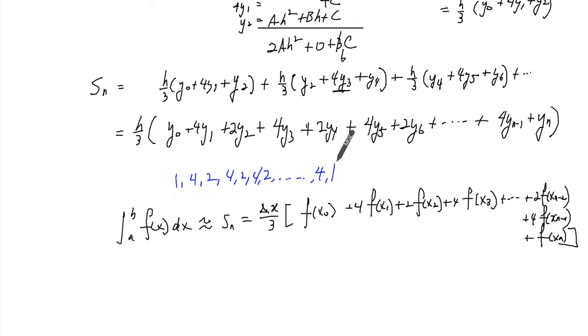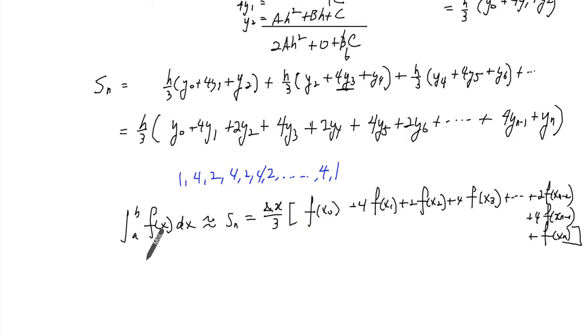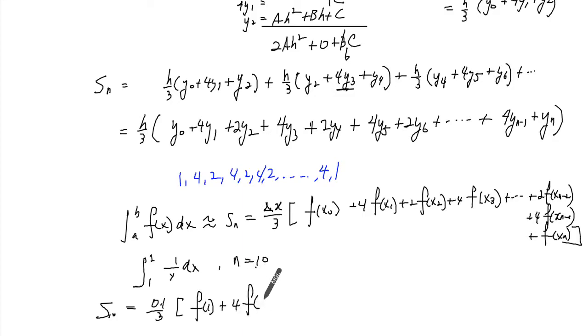Okay, so let's use this to approximate the integral from 1 to 2, 1 over x dx. And let's use 10 intervals. So again, S10 will equal delta x, which will be 0.1, right? 1 divided by 10, 0.1 over 3, f at 1, 4 f at 1 plus delta x, so 1.1, 2 f at 1.2.